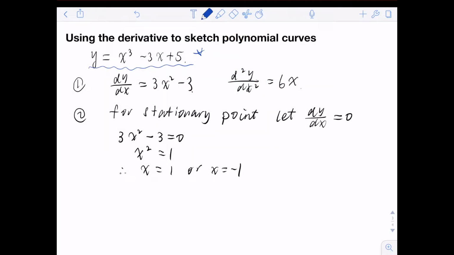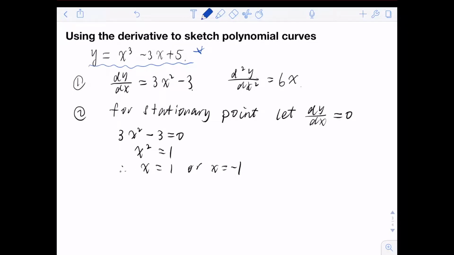So when x equals 1, y equals 1 cubed minus 3 times 1 plus 5, which gives me 3. So y equals 3. Or when x equals negative 1, y equals negative 1 cubed minus 3 times negative 1 plus 5, which gives me 7.